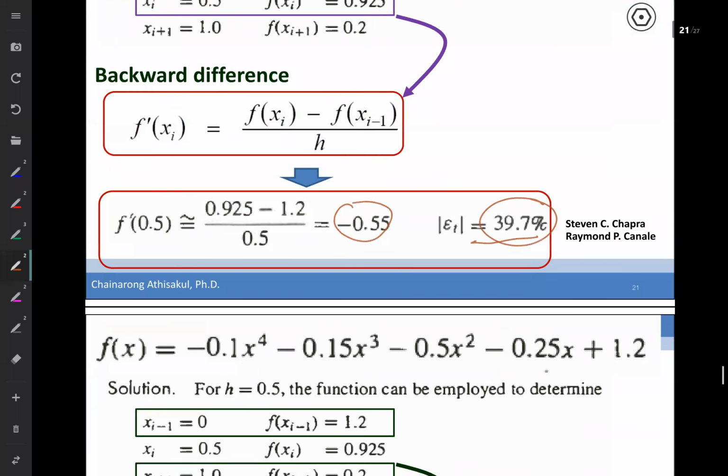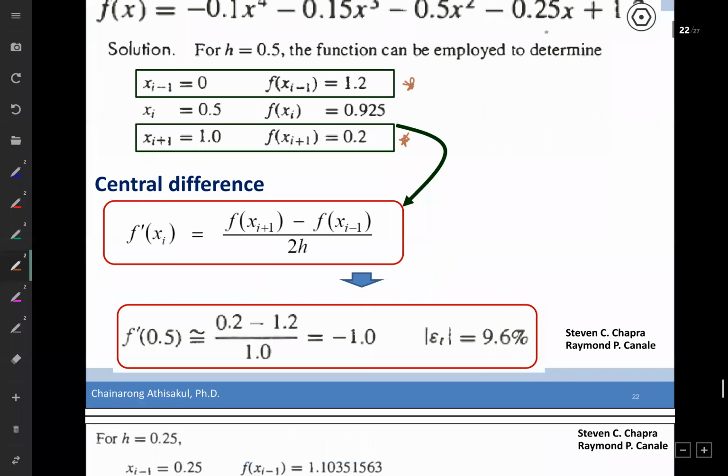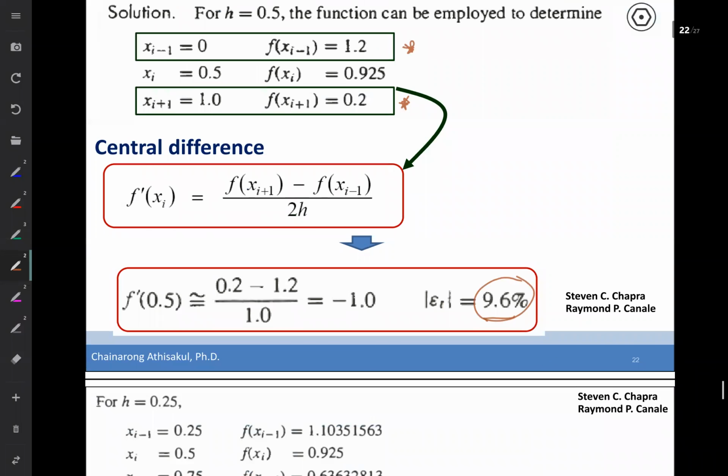But if we use the central difference, the error becomes 9.6%. Okay, it's better, but actually we cannot accept it because it's maybe 10% error. That is not good for us. Because we used h of just 0.5, it's maybe not small enough.